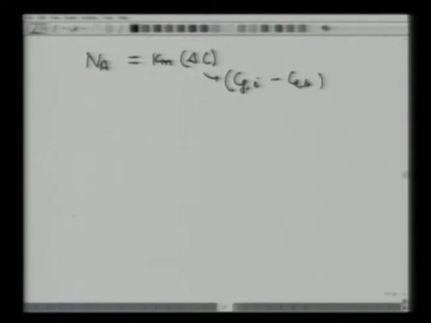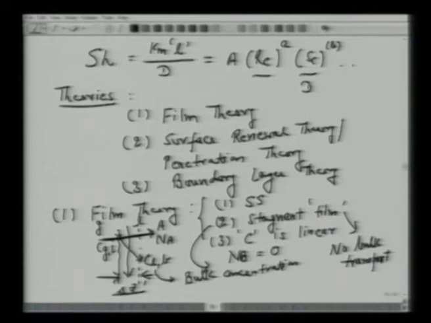Okay. So if you go back to the previous slide, the concentration drops from Cgi to Cl bulk, which means there is no gradient within the bulk of the fluid. Whatever the resistance, whatever the drop in concentration, it's within this hypothetical film.